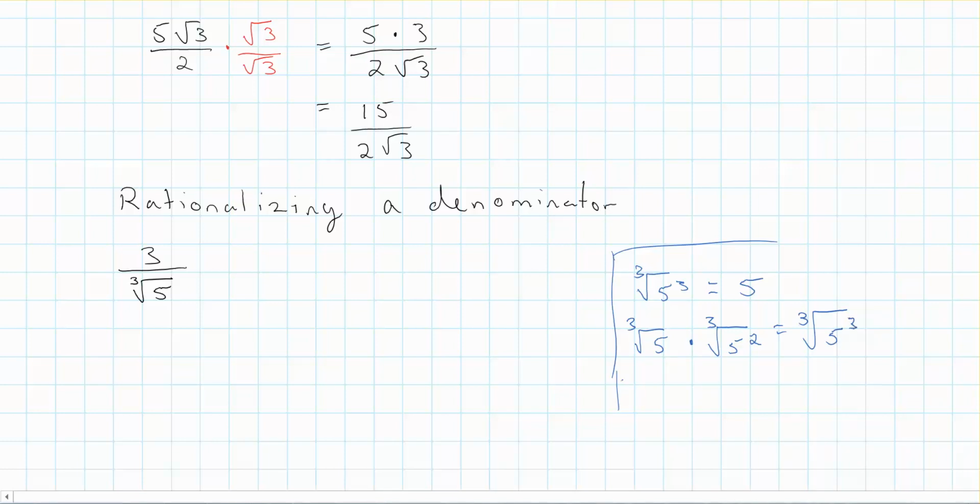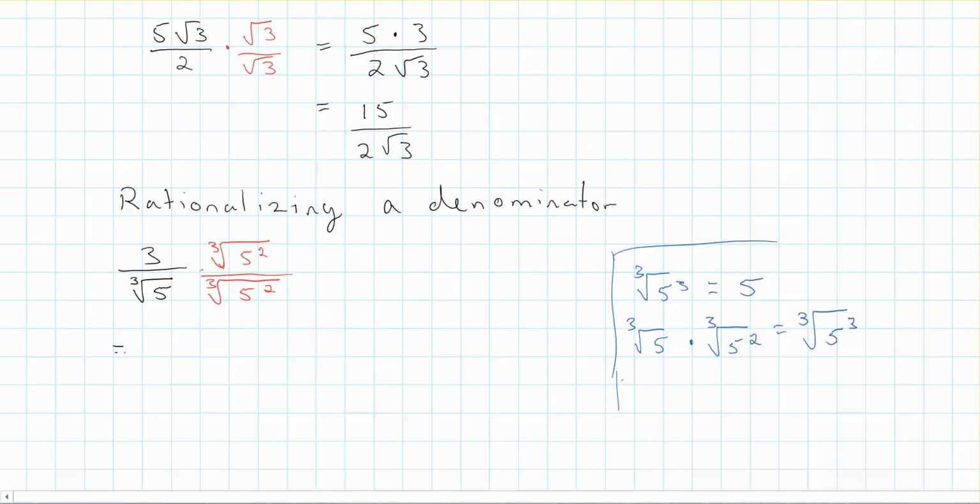I'd want to multiply by the cube root of 5 squared, because then that would be the cube root of 5 cubed. So what I'm going to multiply the numerator and denominator by here is the cube root of 5 squared over the cube root of 5 squared.